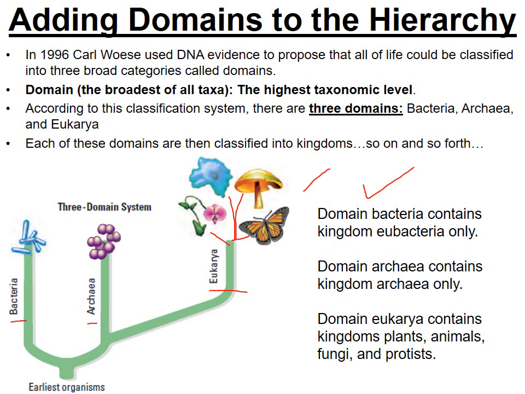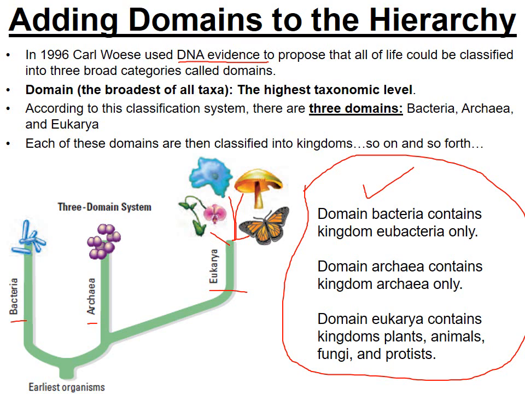So domain is actually our most general taxon of all. And then we go into kingdom, and then we get more and more specific as we go down. This was discovered using DNA evidence, and so this was added later on to the Carl Linnaeus classification system.